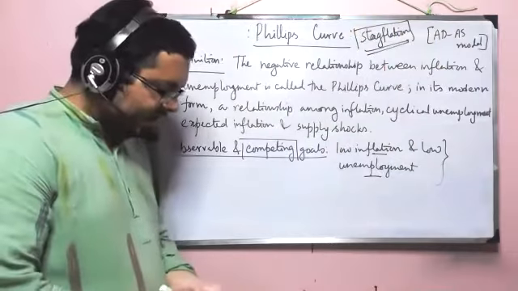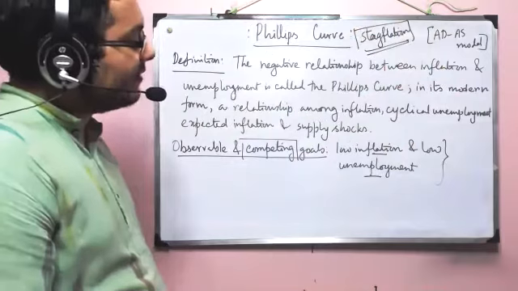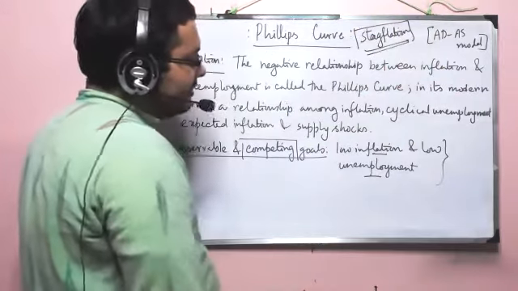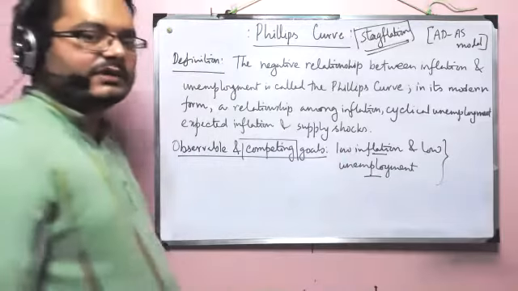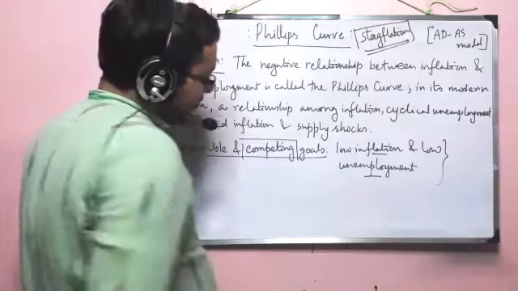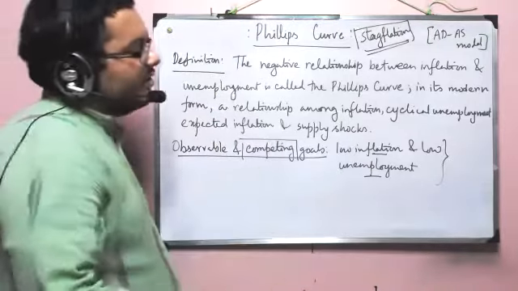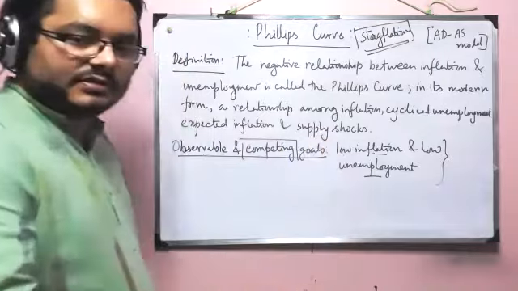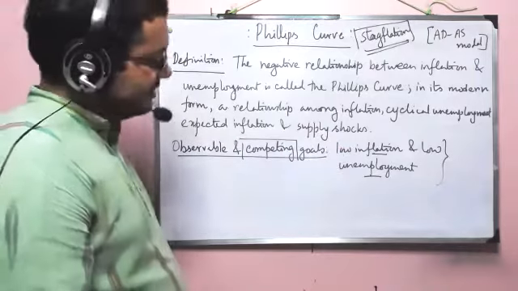So if you look at the economy, if you look at the policies taken by the government, even in this country, you will see that at times there were governments who favored low inflation, and at times there were governments who favored low unemployment. What we are studying here is, first of all, whether in the short run achieving these two together is possible or not. And to that extent, Phillips curve shows that it is not.